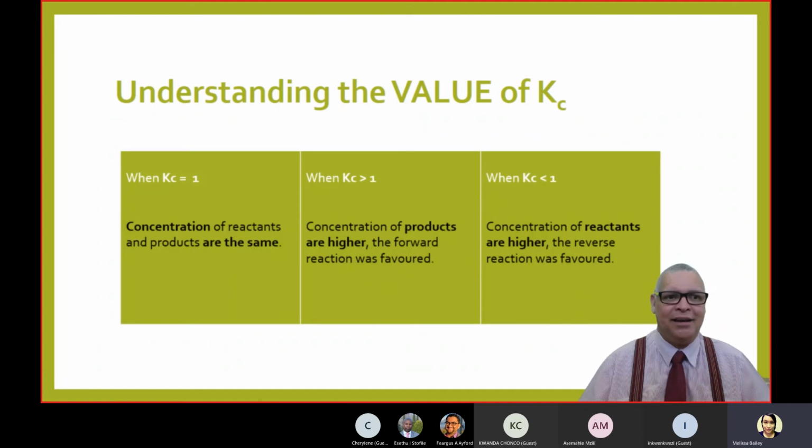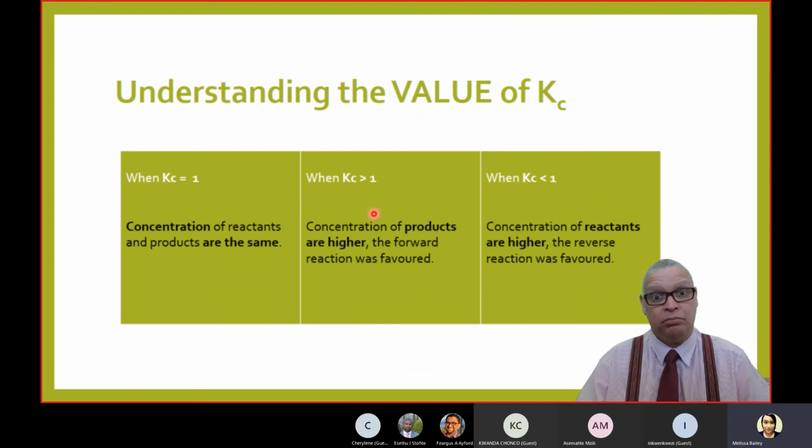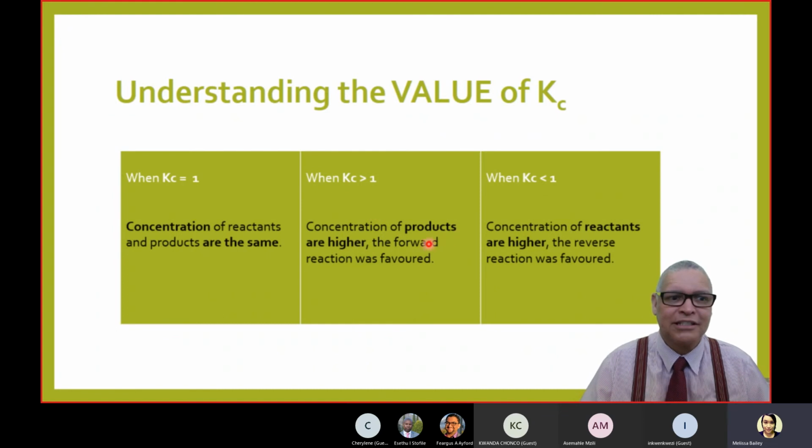Now, let's understand what the value of Kc means. When Kc is equal to 1, as you can see on the monitor, what does that mean? It means this: the concentration of the reactants and the products are the same. You got that? When Kc is greater than 1, the concentration of the products is higher, the forward reaction is favored. Very important point.